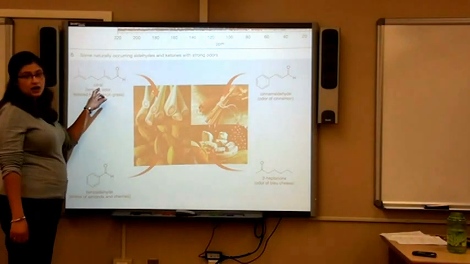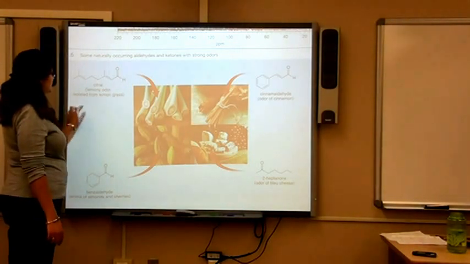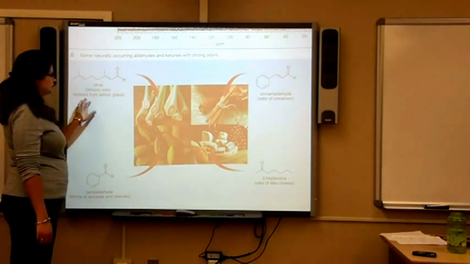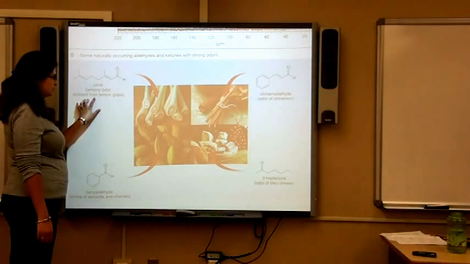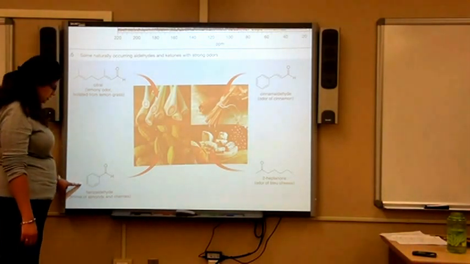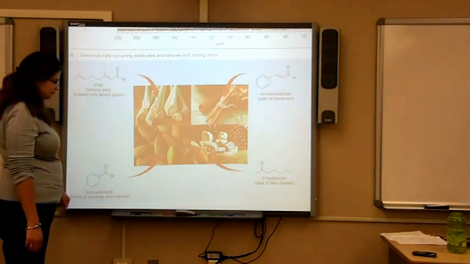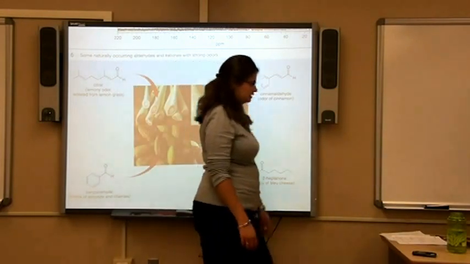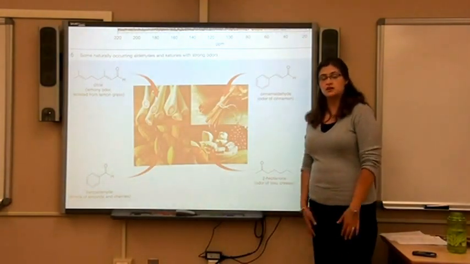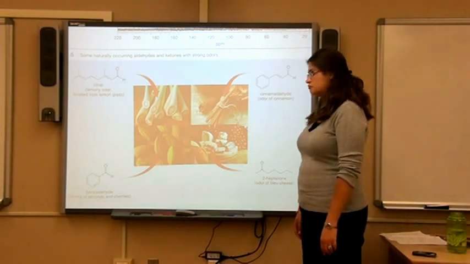This is obviously a common name because this isn't its standardized name. This is the odor that makes lemongrass smell lemony. And here we have benzaldehyde, which gives us the aroma of almonds and cherries. So we have some pretty interesting different examples of how these things are found in nature. And a lot of times they have pretty pungent odors.